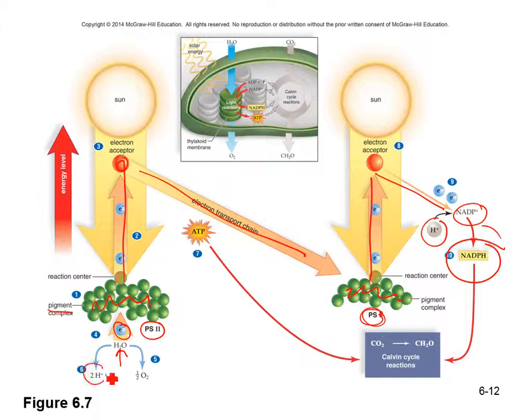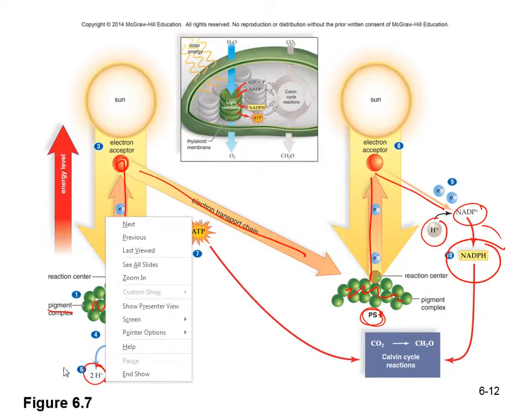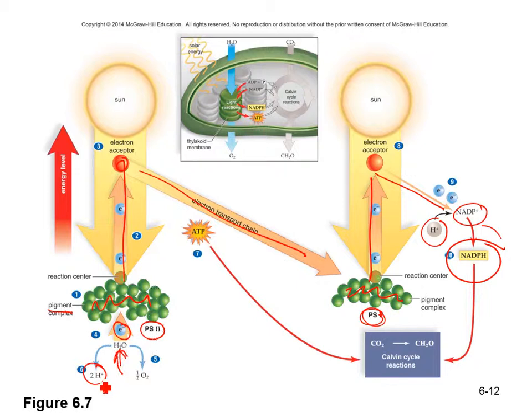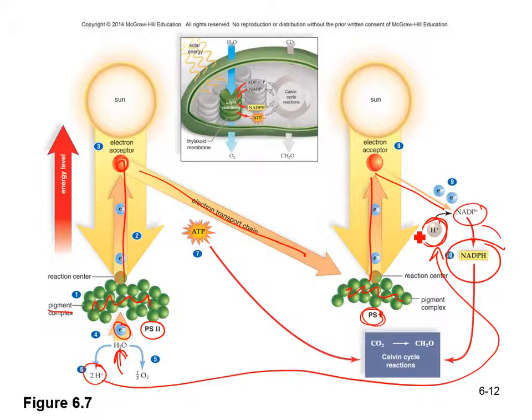What happens to the hydrogens? Well, when water splits, the hydrogens come off. Where can those hydrogens go? Well, one of the places the hydrogen can go is to bind with the NADP and the electrons to form NADPH. So think about some questions.